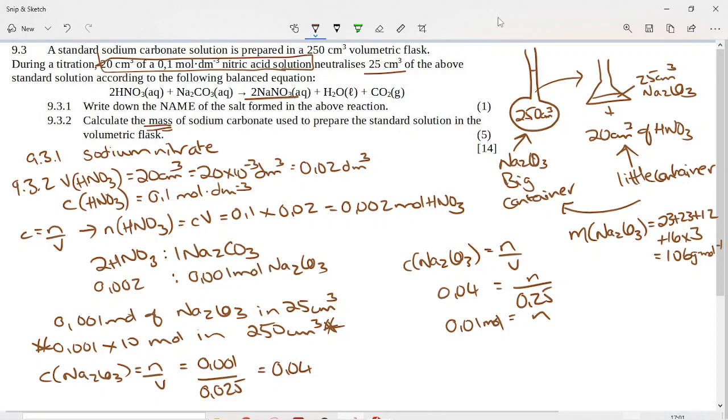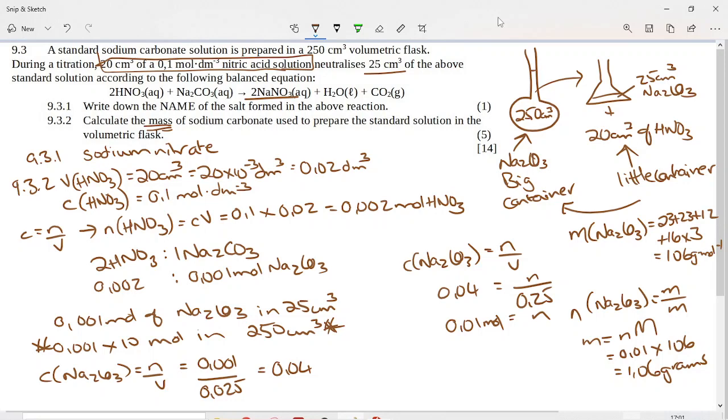And then I can use my final formula, which I haven't used. The number of moles of sodium carbonate is equal to the mass over the molar mass, which means the mass is equal to the number of moles times the molar mass. So this is 0.01 times 106. And if you put that in your calculator, you get 1.06 grams of sodium carbonate used to prepare the standard solution.